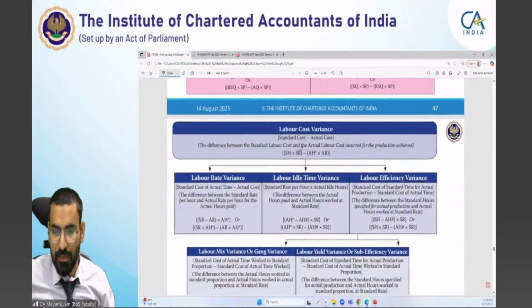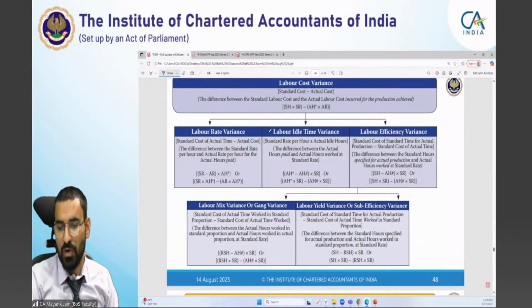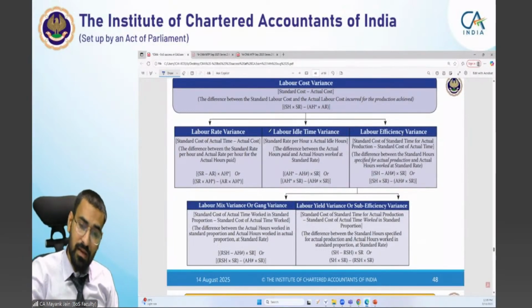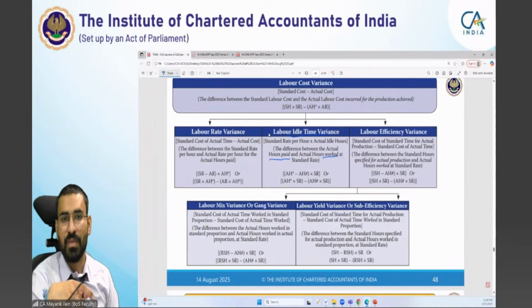Similarly, for the labor cost variance, please take the screenshot if you require. In labor idle time variance, you have to calculate the actual hours paid and the actual hours worked. Sometimes an employee is paid for 10 hours a day, but he's actually working only 8 hours, 2 hours being idle, including the normal idle time and the abnormal idle time.